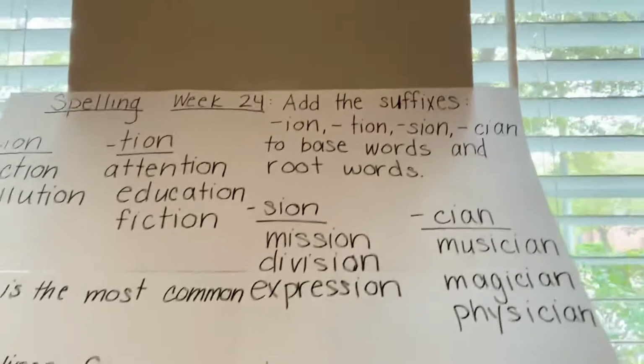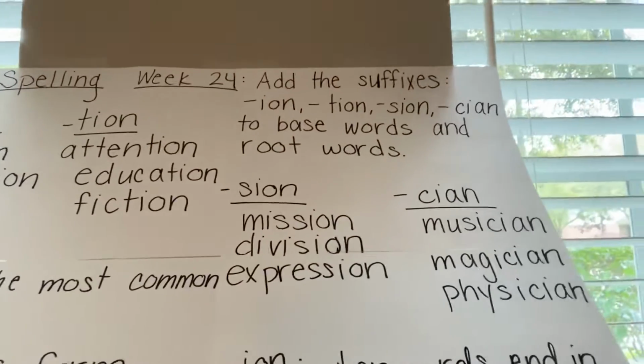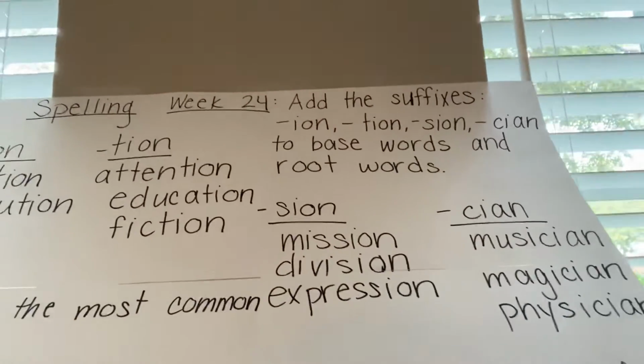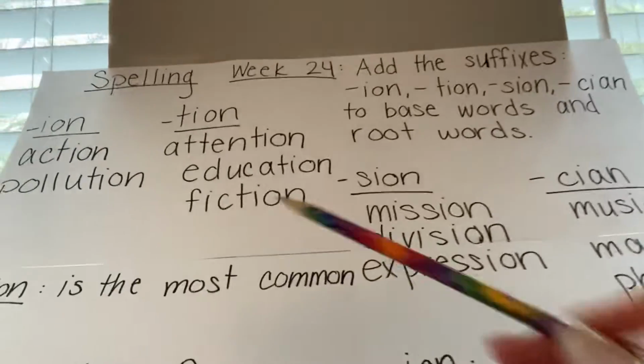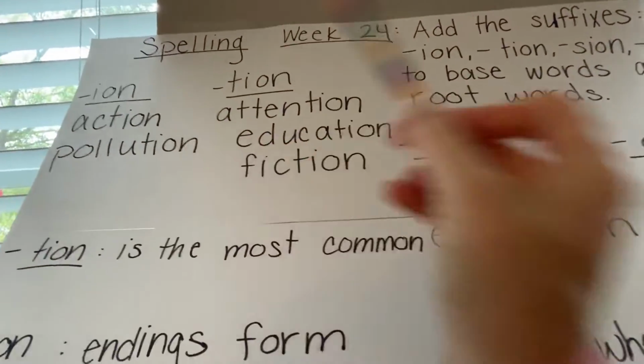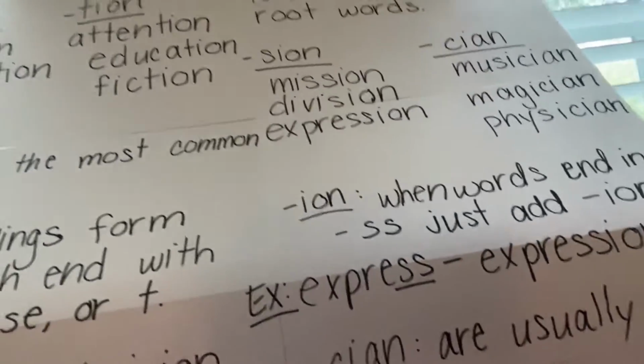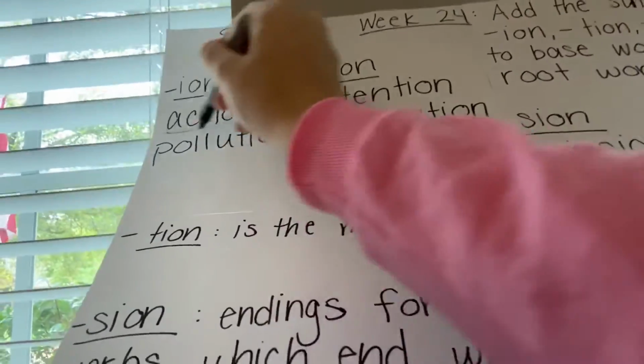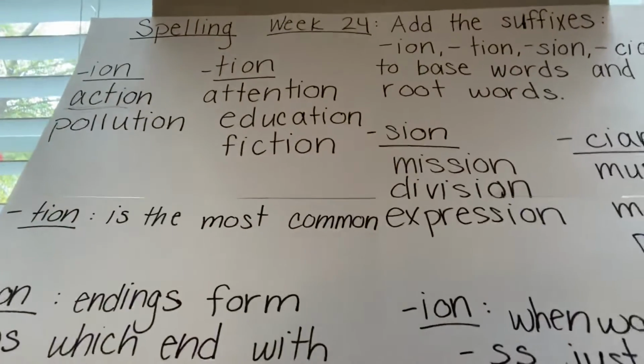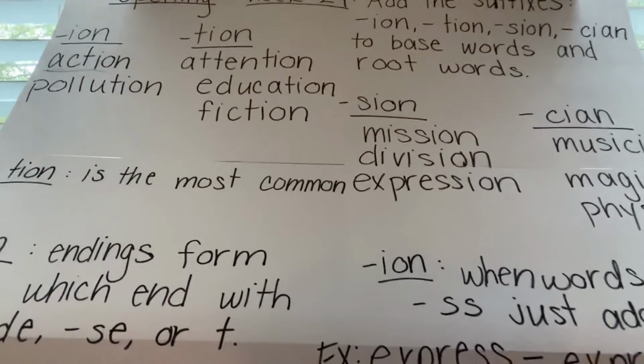I am going to show you some of our spelling words this week. Looking at the words for this week, I have ION, so some of our words would be action. You would take ACT and add the ION to make it action.